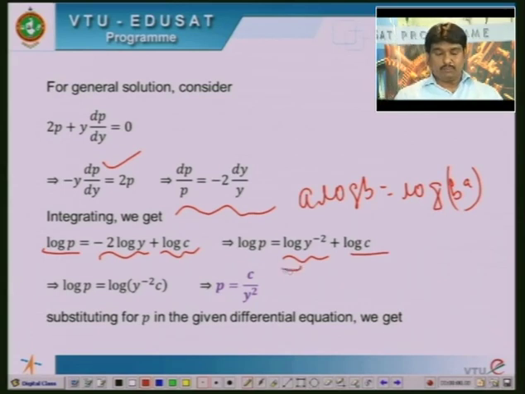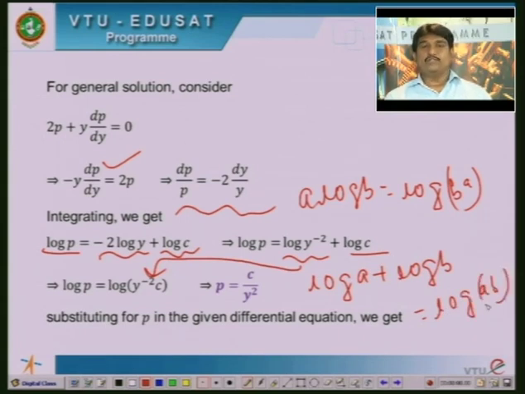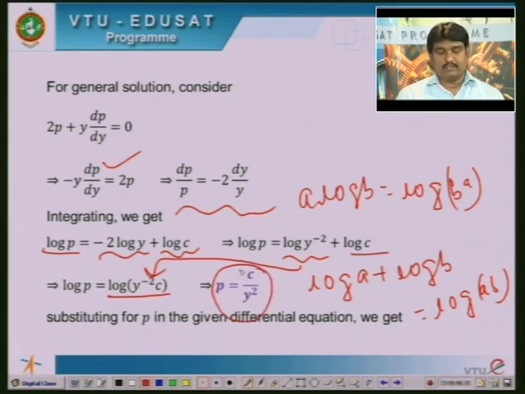Next, again use the properties of logarithms: log a + log b = log ab. With this property, this becomes log of (y^-2 times c). Therefore p is c divided by y². y to the power of -2 is 1/y². So I have determined p.